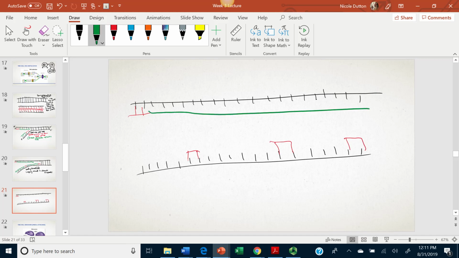This strand is going to be made in one continuous piece, while this strand down here has all of these Okazaki fragments.